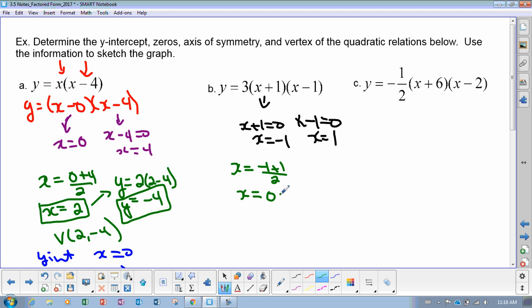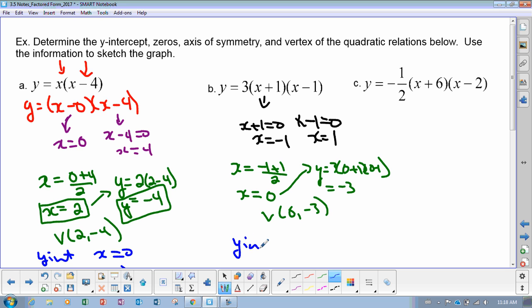From there, I want my y value of the vertex. So I have y equals 3, 0 plus 1, and then 0 minus 1. So that's going to be 3 times 1 times negative 1, we have negative 3. So that means the vertex is at 0, negative 3, which makes sense. And then for the y-intercept, we are going to let x equal 0.